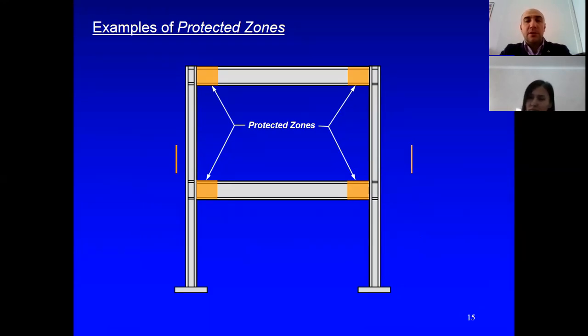For the rigid frame system, yielding during earthquakes is expected to occur at the ends of the beam. Consequently, the beam ends are designated as protected zones. The next one.